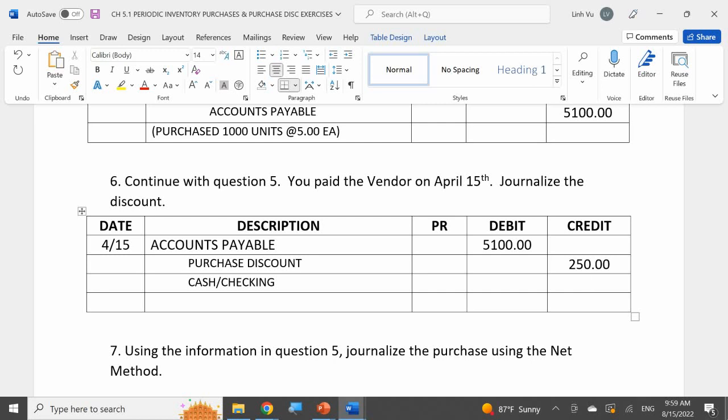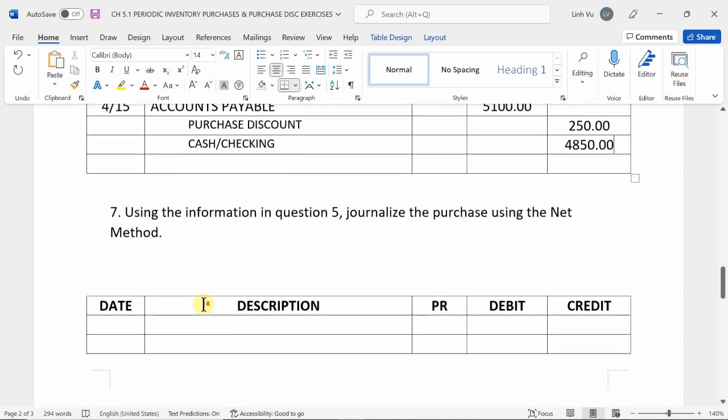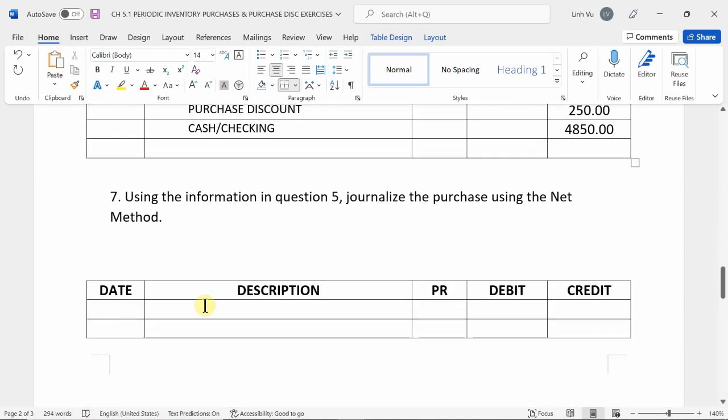I mean 4,850. 4,850 is what you're going to pay because you made the discount due date. Right? All right. So, number 7, using the information from question 5, journalize the purchase using the net method.